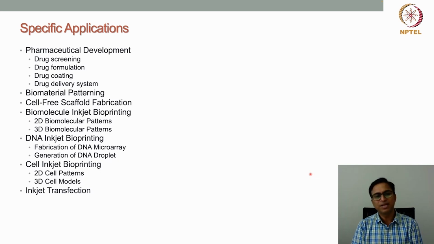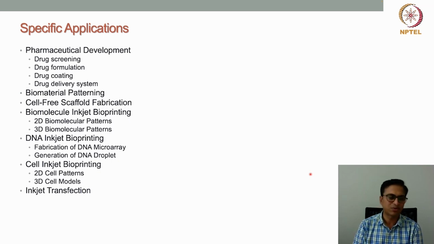The other application is biomaterial patterning, which we have already discussed in the earlier sections. When we use different types of biomaterials, as I said, it can be aqueous soluble, organic soluble, or it can be a suspension, it can be a mixture, all these different things.